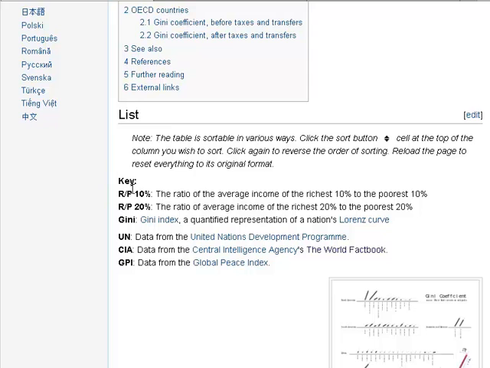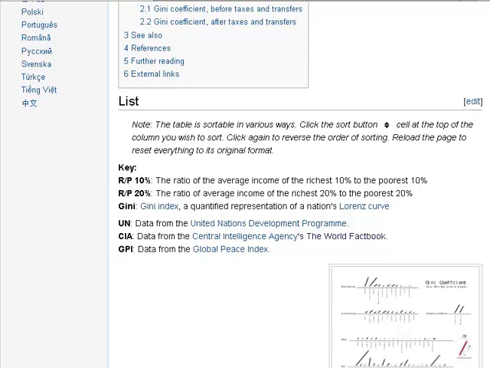It has two numbers there for either the top and bottom 10% or 20%. And you also have the index, so you've got 3 different measures. You also have 3 different sources: the UN data, the CIA data, and the GPI data. Okay, that looks handy.